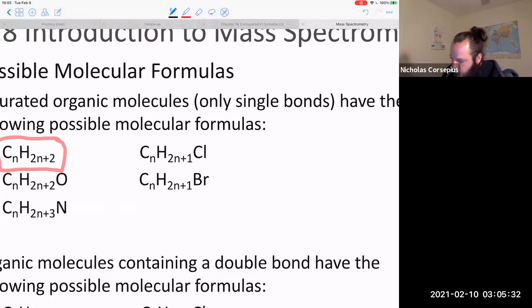So for example, you would never have a molecular formula like this. It just doesn't exist, because there's a certain architecture that we've talked about: carbon likes to have 4 bonds, hydrogen likes to have 1 bond. You can't just have any old molecular formula. They follow pretty strict patterns.